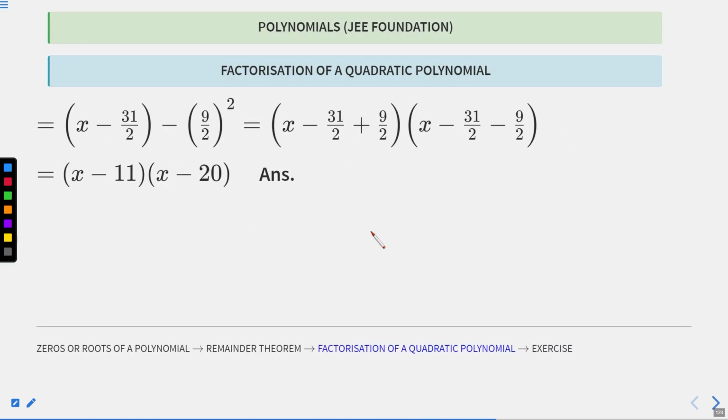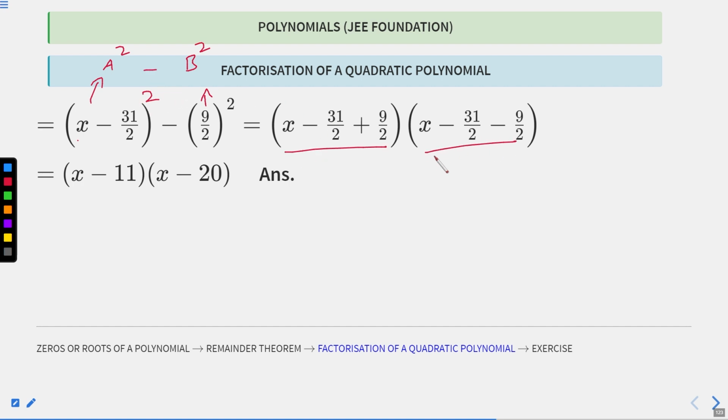And further now, if you take this as a, this will be my a square, and take this as b, and this will be my b square. So a square minus b square is a plus b and a minus b.